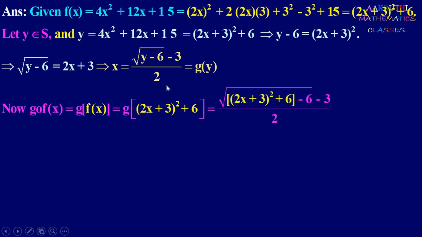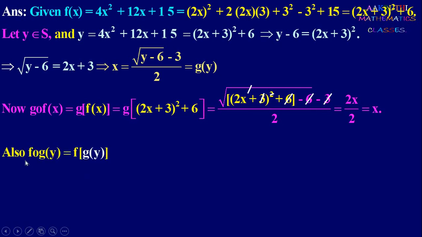So it is (√((2x+3)² + 6 − 6) − 3)/2. Here first we cancel plus 6 and minus 6, then we cancel square and square root, then we cancel minus 3 and plus 3, remaining is 2x/2. Here 2 gets cancelled, remaining is x. Therefore g∘f(x) is x.